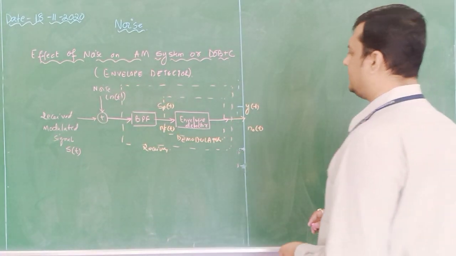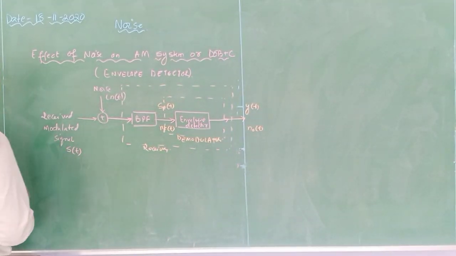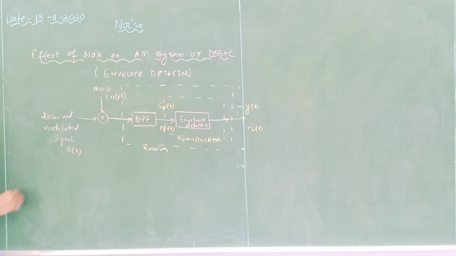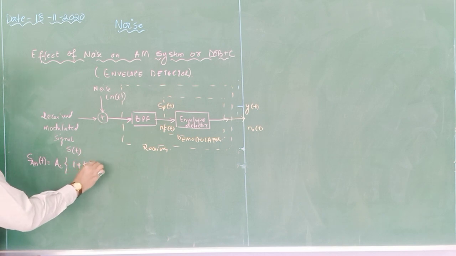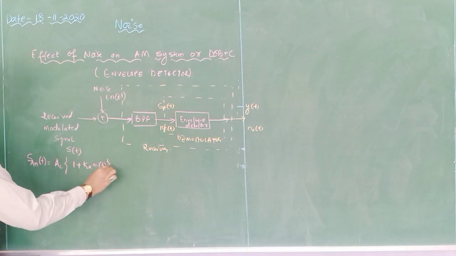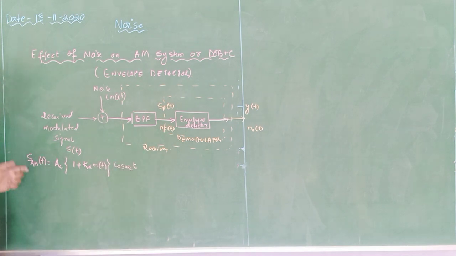Let us consider the modulated signal is an AM signal, S AM of t. What is its general representation? The general representation is Ac times 1 plus Ka m of t, times cos omega ct. So this will be my received modulated signal.